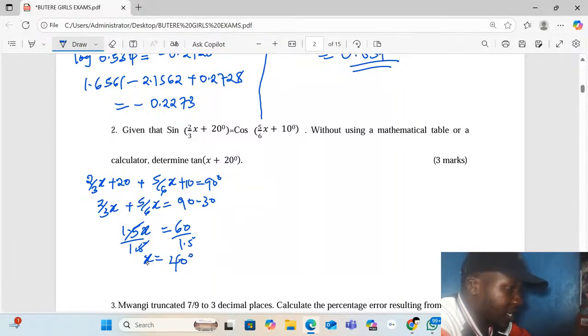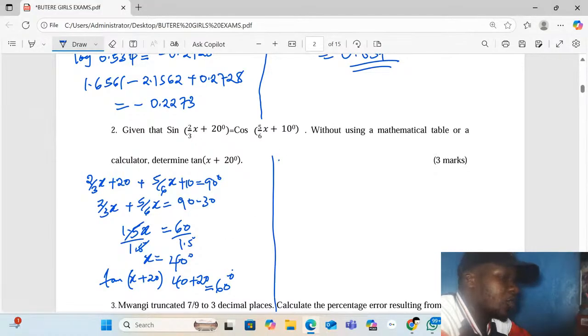So tan of (x plus 20) is tan of 40 plus 20, which is tan 60 degrees.